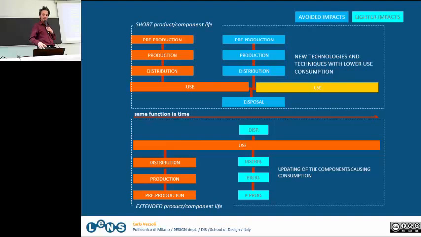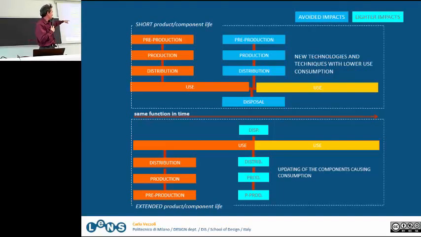For example, in a computer, maybe there is something that determines the consumption, and I can substitute that part, and by substituting only that part, the energy used will be similar to the other one. Okay, so I can design for disassembling and substituting simply that part.